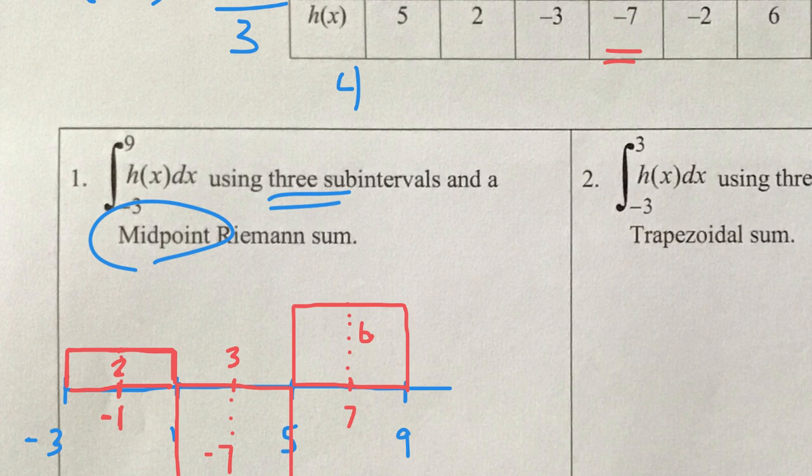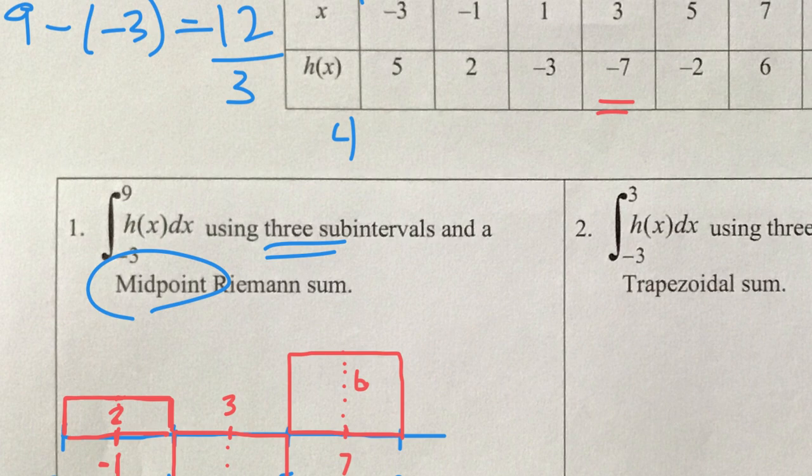Now if we're going to actually calculate this, formally speaking, the integral from -3 to 9 of our function h of x dx is approximately the area of each of these rectangles added together. What's the area of my first leftmost rectangle?